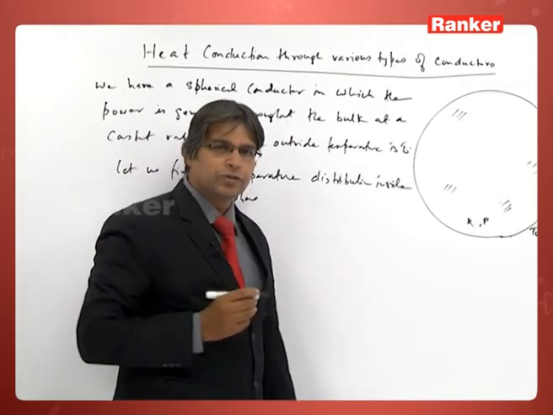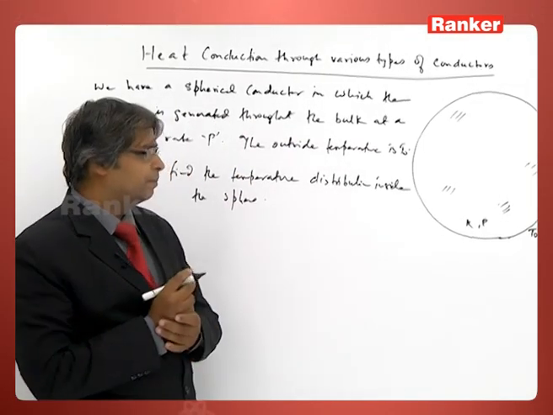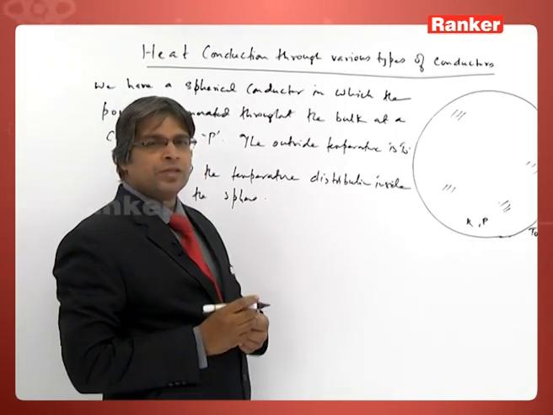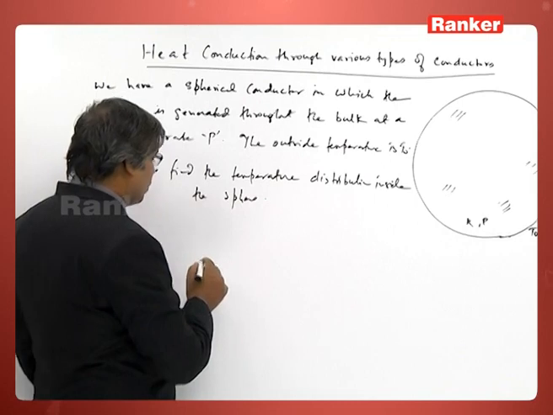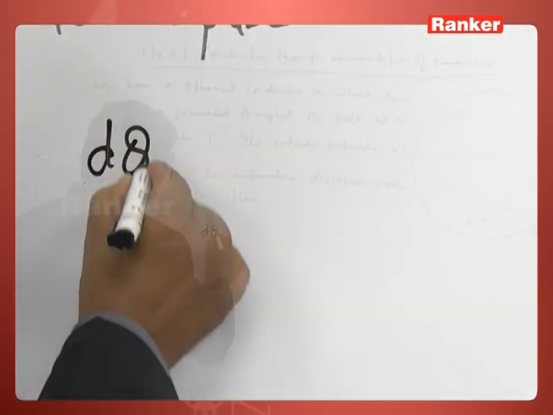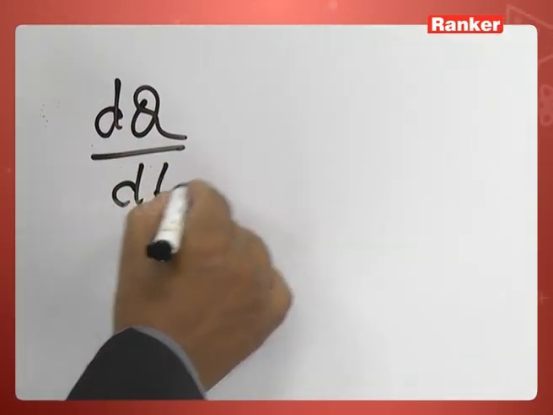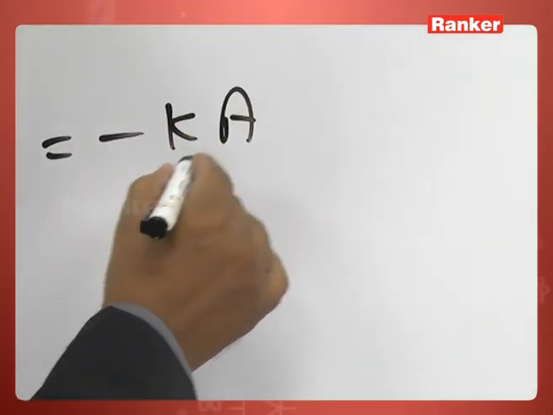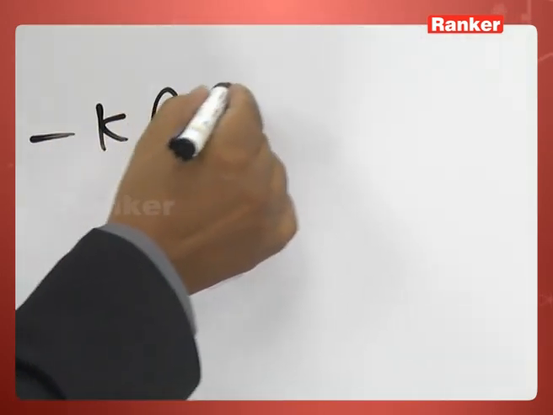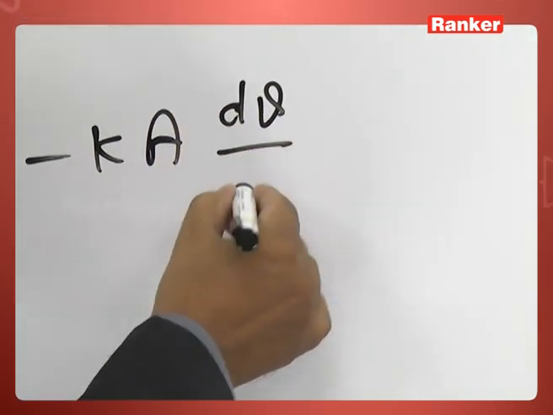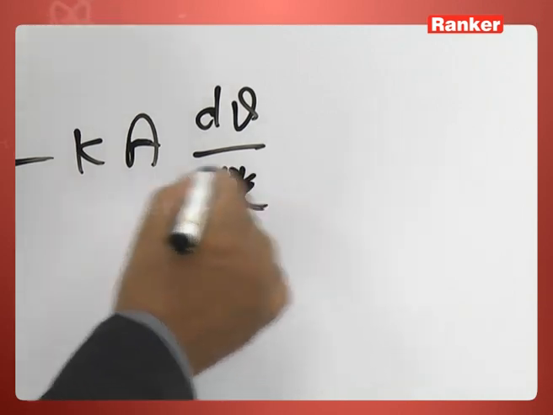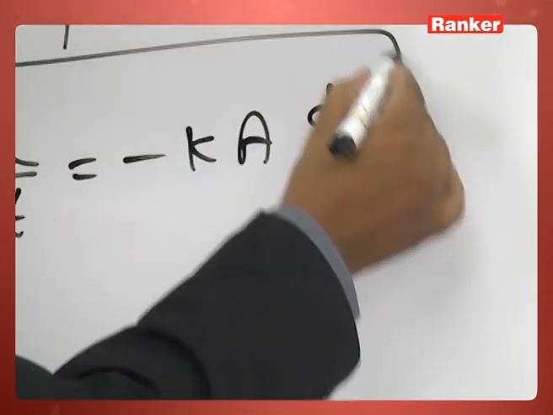So, now in order to find the temperature distribution, we have to use Fourier's formula, that is the rate at which the heat is produced is equal to minus K into the area through which the heat passes and into the temperature gradient d theta by dx. So, this is our Fourier's formula.